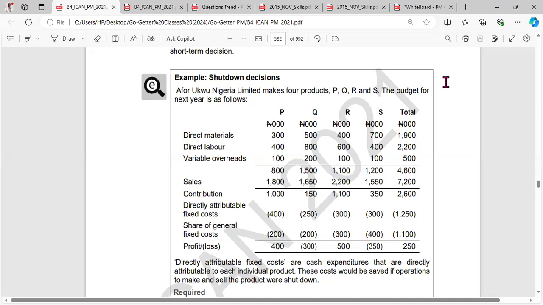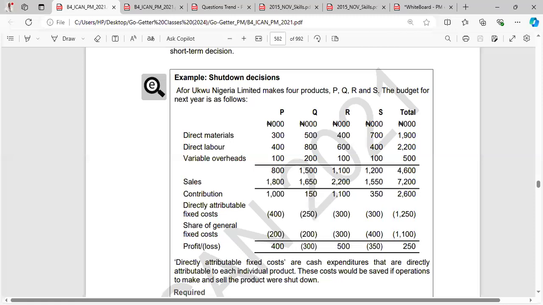Then we look at the profits or loss, and we find out that P is making a profit, Q is making a loss, R is making a profit, sorry, S is making a loss, and the combined profit is 250.